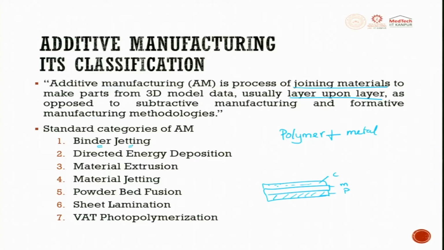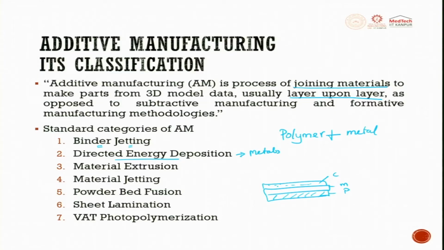The binder can be a polymer, or the binder can be the material you originally want to print. Next is directed energy deposition, DED. This method is very common in metals, and people are trying to develop new processes for ceramics also, but it is a very common process used for metals.